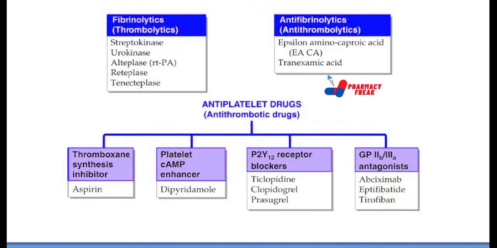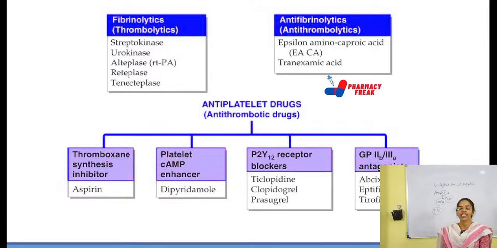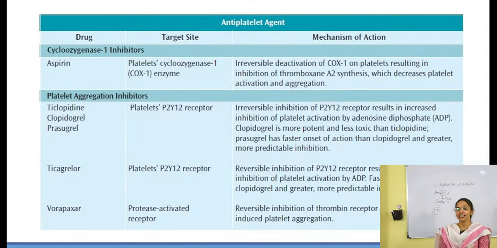And also certain antiplatelet drugs like clopidogrel, ticlopidine, etc. and GP receptor blockers, GP antagonists, abciximab, tirofiban, etc. Next. So these are various antiplatelet agents, their target sites and their mechanisms of action.